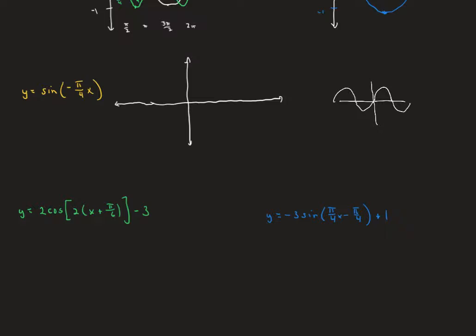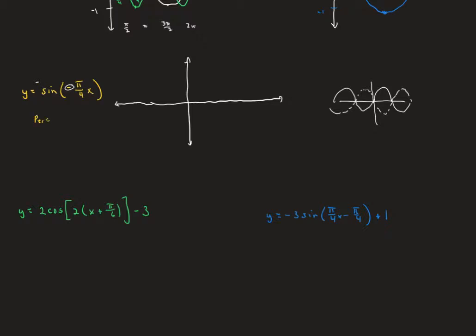And so if we reflect it in the y, then it's going to look something like this, which, in the case of an odd function, is the same as reflecting it in the x. So this negative here is the same as a negative on the outside. It's going to end up being a reflection in the y-axis, which is going to look the same as a reflection in the x-axis.